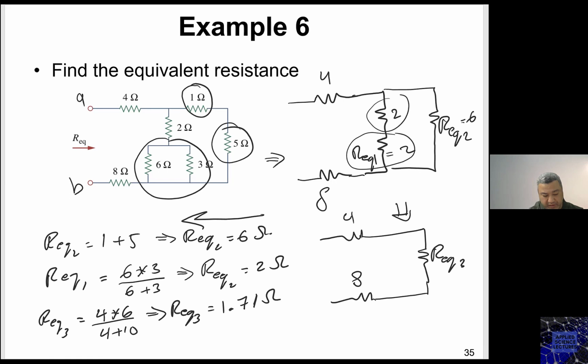Then the total R equivalent: those three resistors are connected in series, so it's going to be 4 plus 8 plus 1.71, and R equivalent is 13.71 ohm.